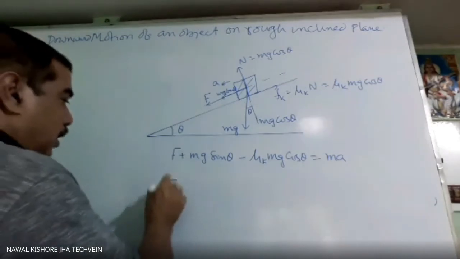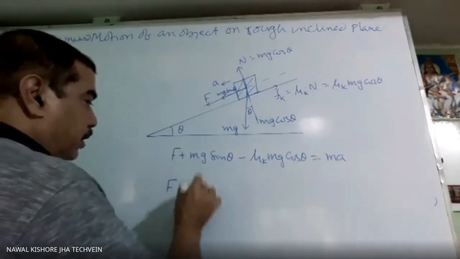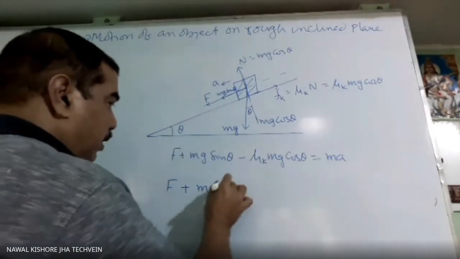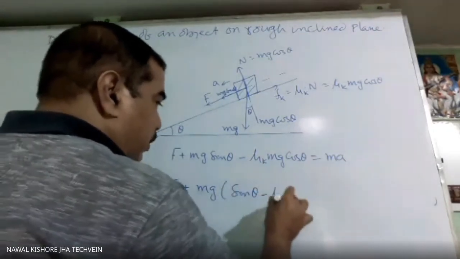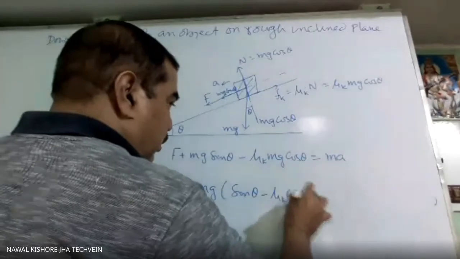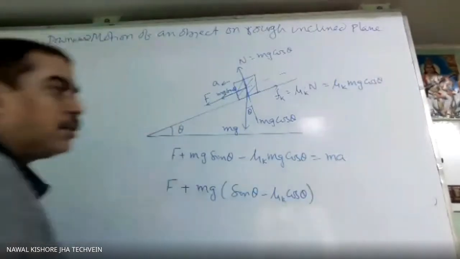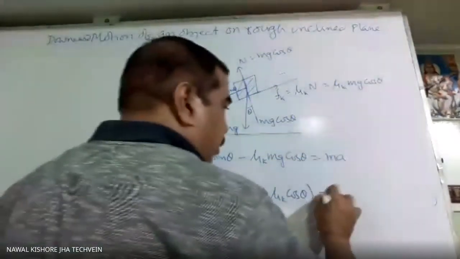So F plus, if we are taking mg common, then mg times sin theta minus mu k cos theta must be equal to ma.